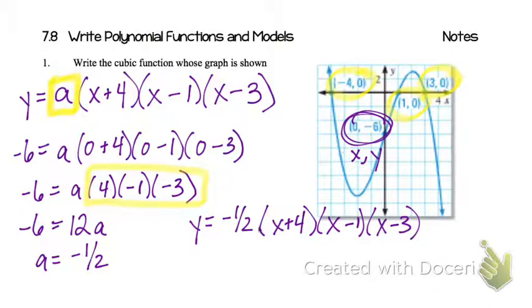This would be factored form. Then if you had to multiply them out, that would be standard form. So standard. We'll do standard on the next one.